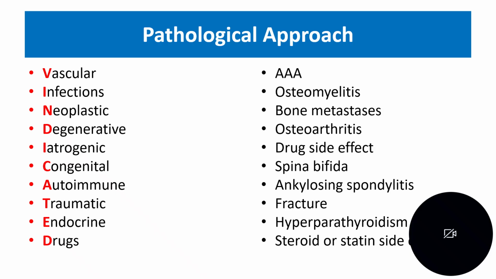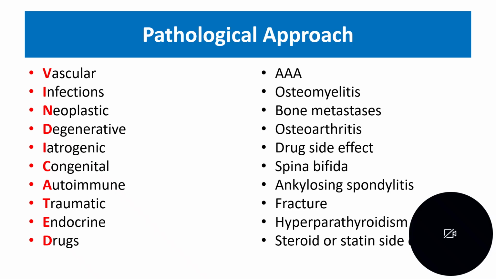AAA, an abdominal aortic aneurysm, can present with left-sided back pain as the aneurysm gets larger and erodes the anterior aspect of the vertebral body on the left side between L1 and L4. I is for infections. Could this be osteomyelitis? N is for neoplasia. Could this be bone metastases? D, degenerative. Could this be osteoarthritis?